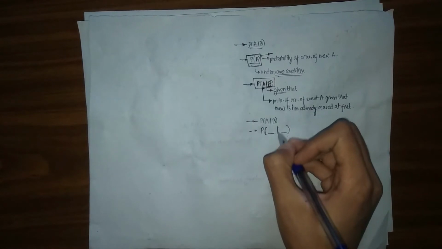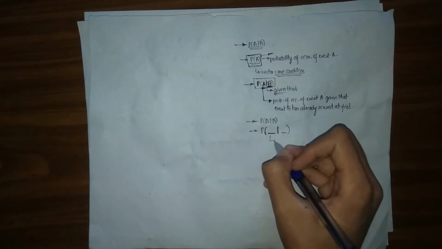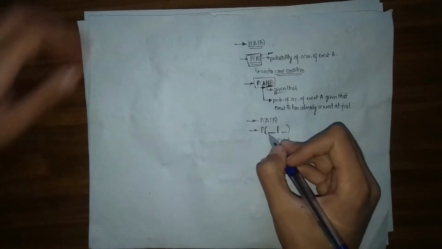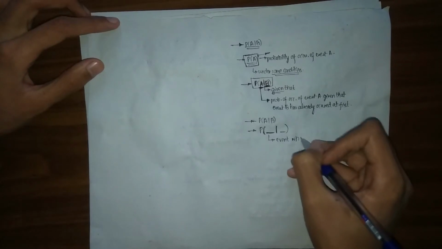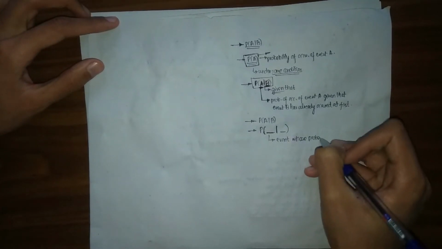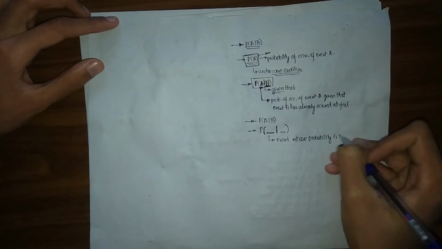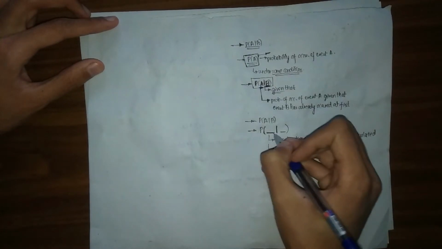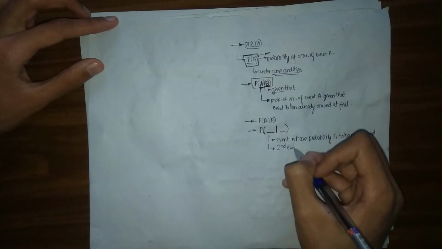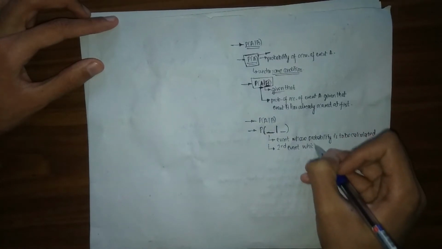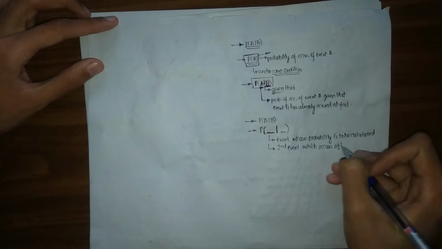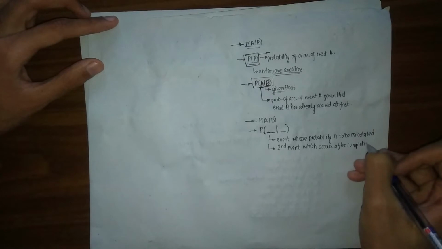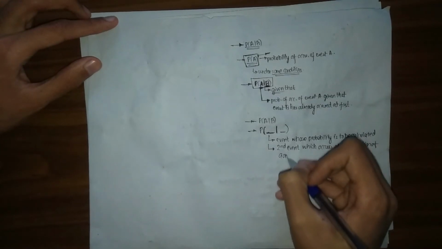Now, to tell a simple trick about conditional probability: before this sign, we'll write the event whose probability is to be calculated, the second event, which occurs after completion of some conditions.